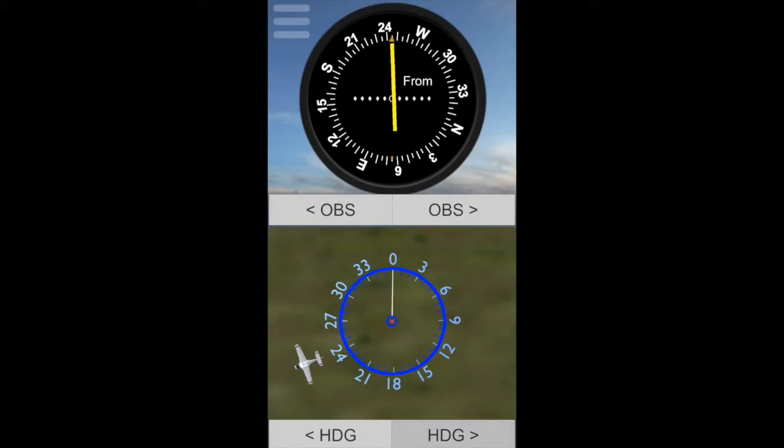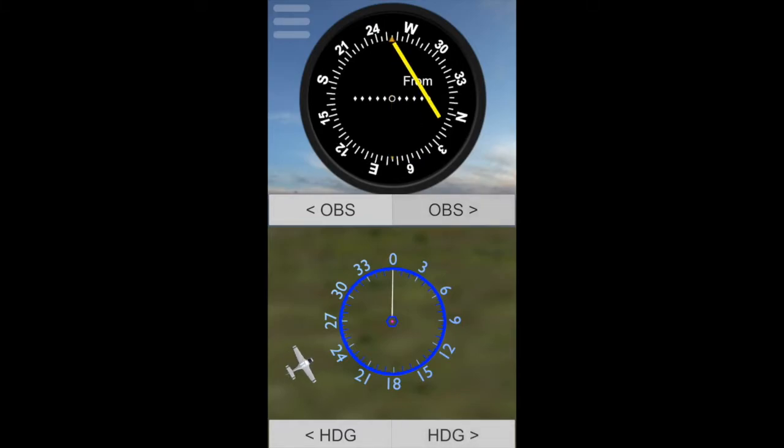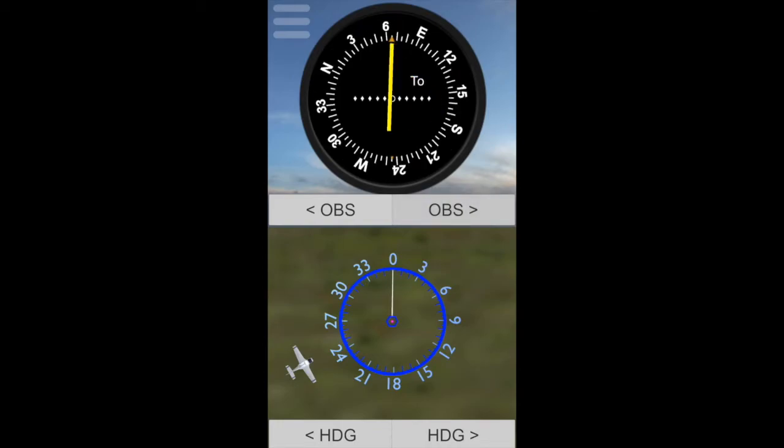So if I turn to 065 with my plane, say I'm going to fly 065 direction, it's going to take me straight to the VOR. And indeed, if I turn the OBS to 065, I'm getting the needle centered and a to indication. Why?